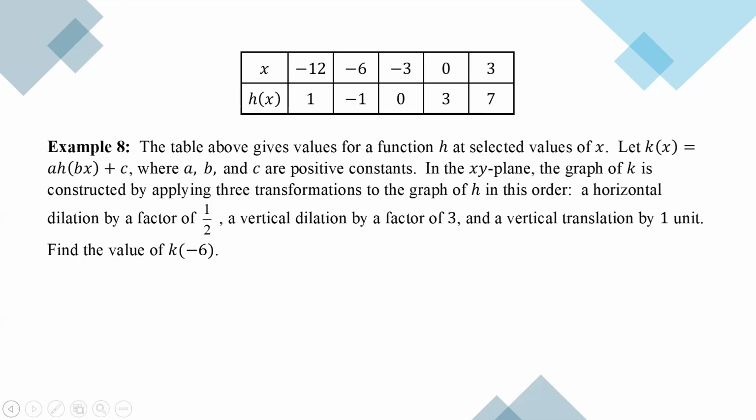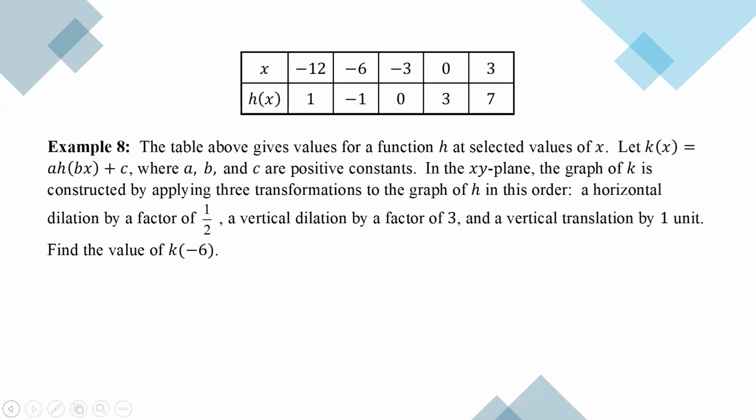If it's a vertical dilation, it's supposed to be, right? Which one is B, vertical or horizontal? What did we say? Horizontal is always your B. There's a horizontal dilation of 1/2. So B equals 2. Reciprocal.